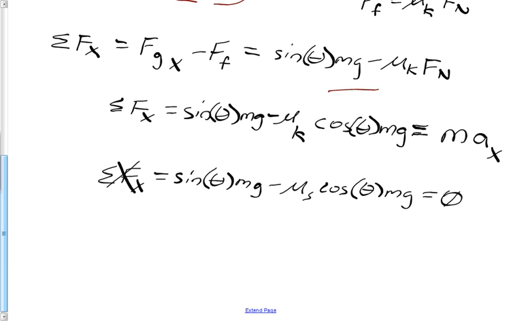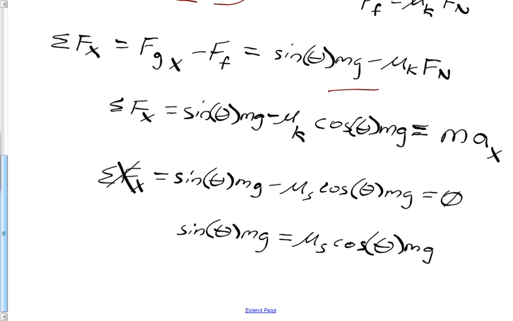So since this is equal to 0, what I can do is add this to each side. I'm not able to really do that so much in the case above, so I'm simplifying it here a little bit. Sine theta times mg equals mu s cosine theta mg, because each of these two sides was equal to 0, therefore I can add mu s cosine theta mg to each side.